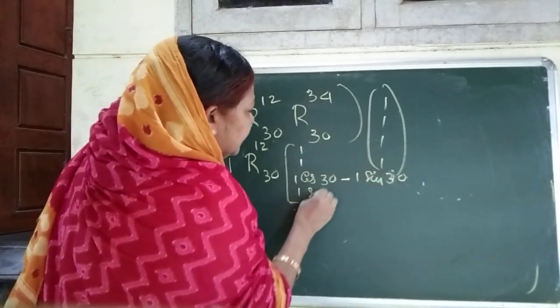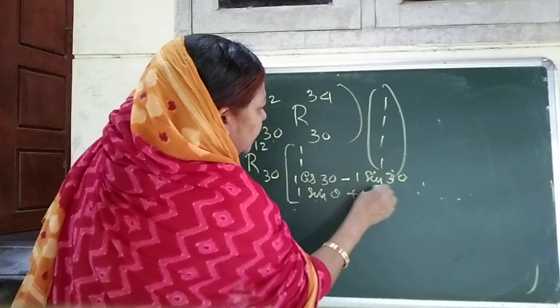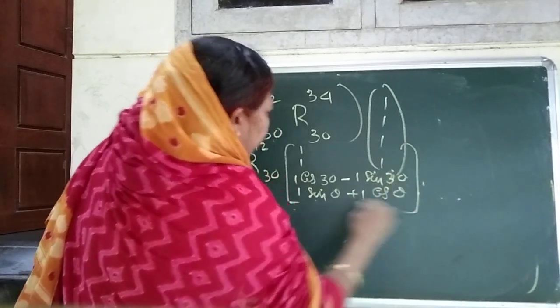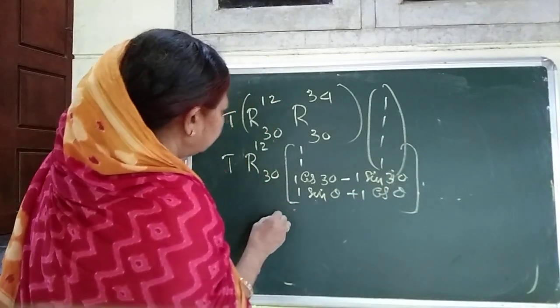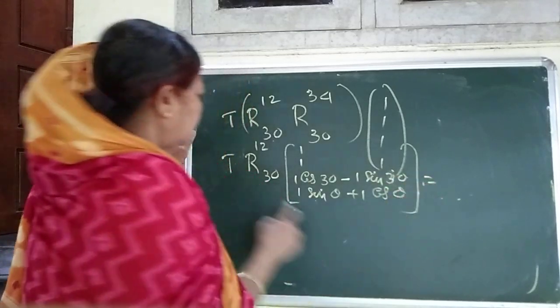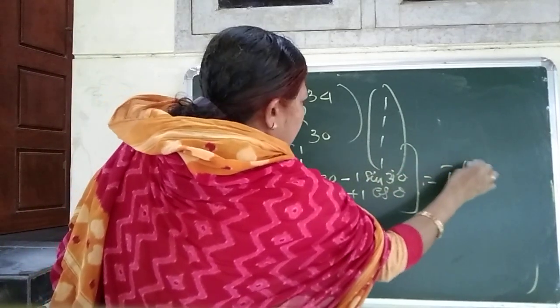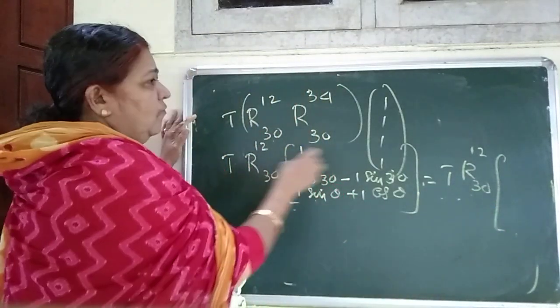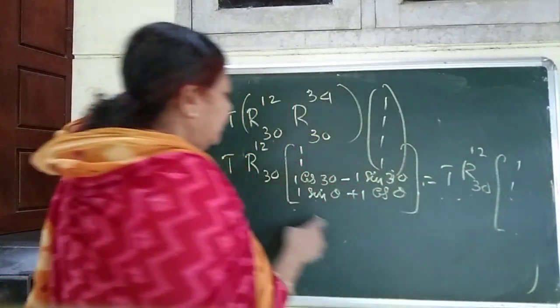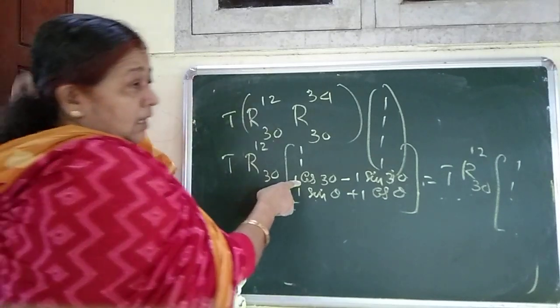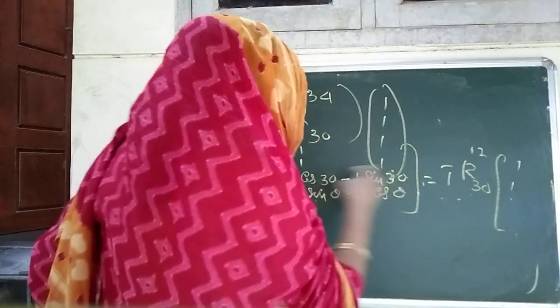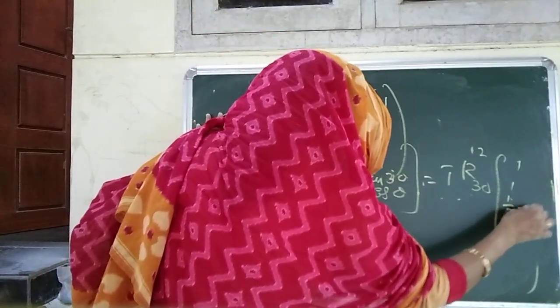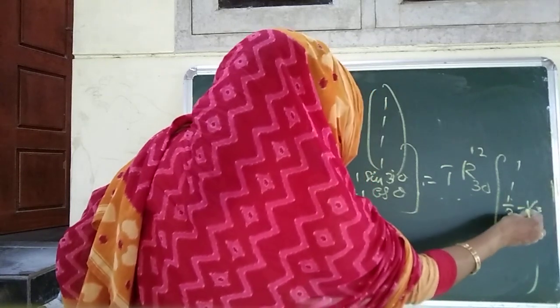Similarly, 1 sin 30 plus 1 cos 30. Cos 30 is root 3 by 2, so it is 1 by 2 minus root 3 by 2.